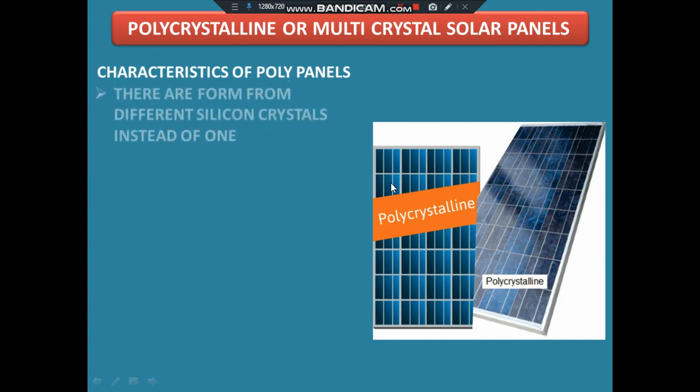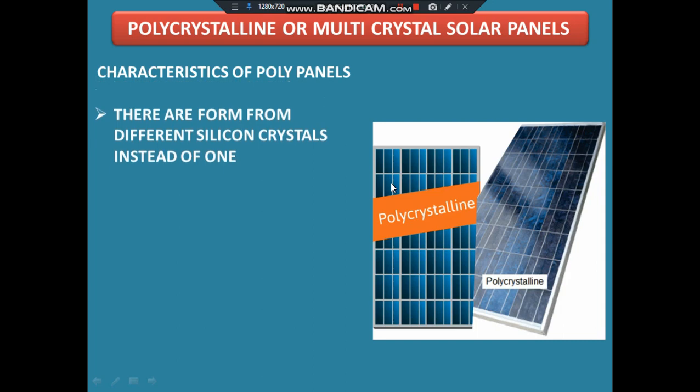One of the characteristics of the polycrystalline solar panel is that they are formed from different crystals instead of one. You were exposed to the fact that the monocrystalline solar panels are made up of only a single crystal, and because of this we have the characteristic features that we have in the monocrystalline solar panels.